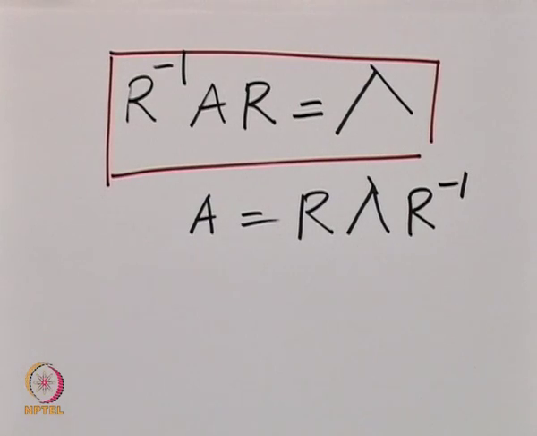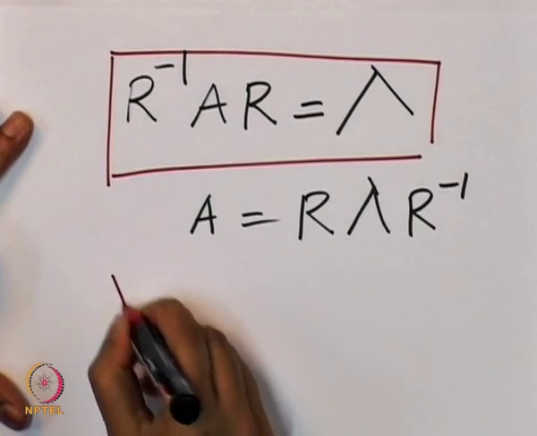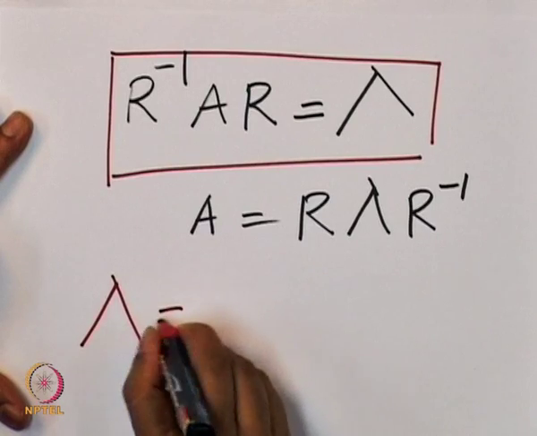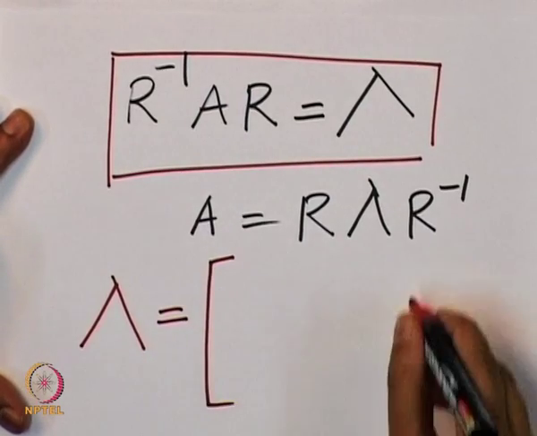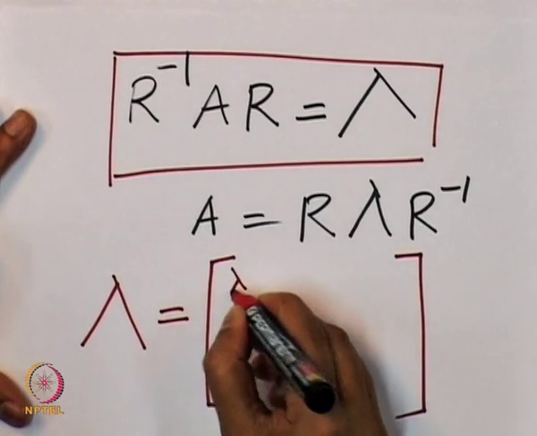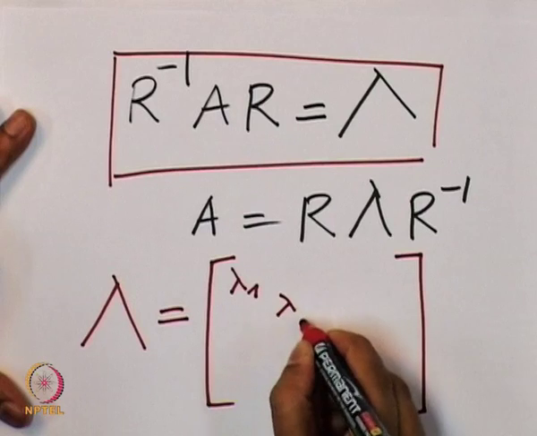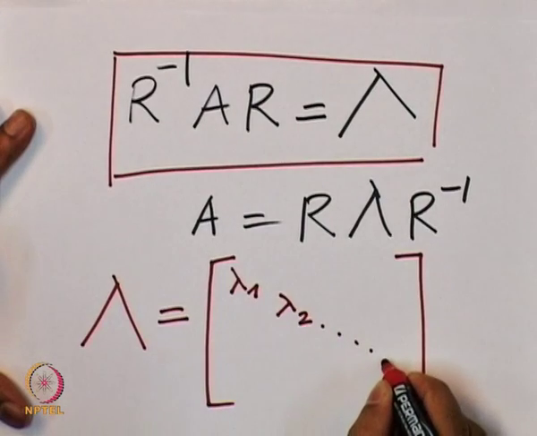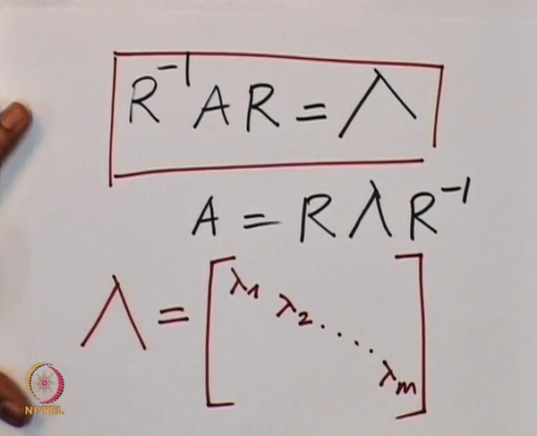And I told you that the capital lambda is a big diagonal matrix, and it has various eigenvalues along the diagonal.